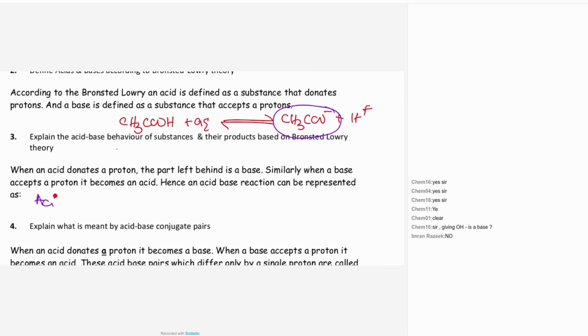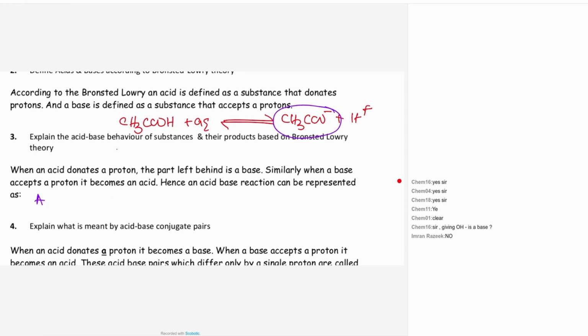So now look at this. This is something new: acid reacting with base. Now we know up to this point acid plus base gives salt and water. But as for the Bronsted-Lowry theory, that's not the case. I'll answer your question about why substances giving hydroxide ions are not bases in a while. So acid, as I mentioned before, will donate protons, give protons to the base, because the base is the proton acceptor, right?